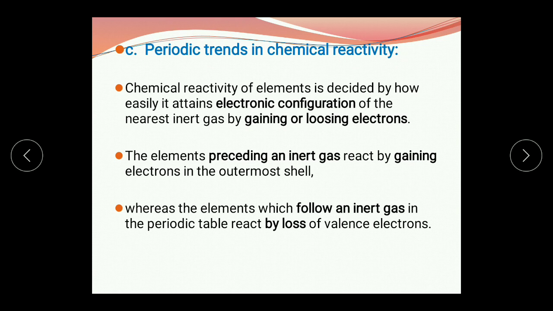There are many reasons behind this, because all these processes are naturally occurring. So groups 16 and 17 have a tendency to gain electrons, while the first, second and third groups have a tendency to lose electrons.